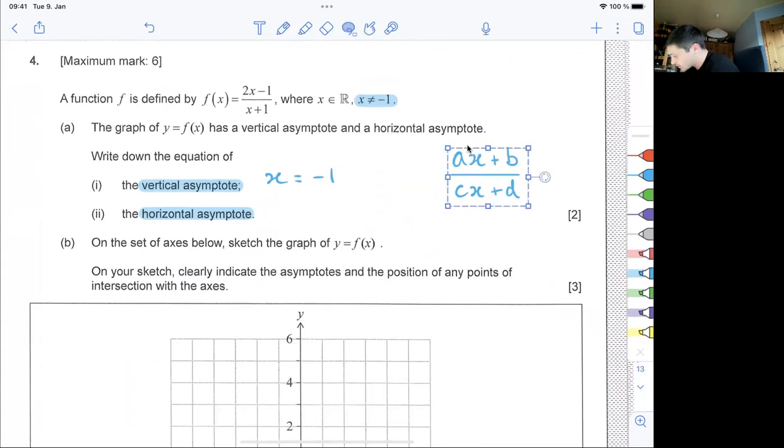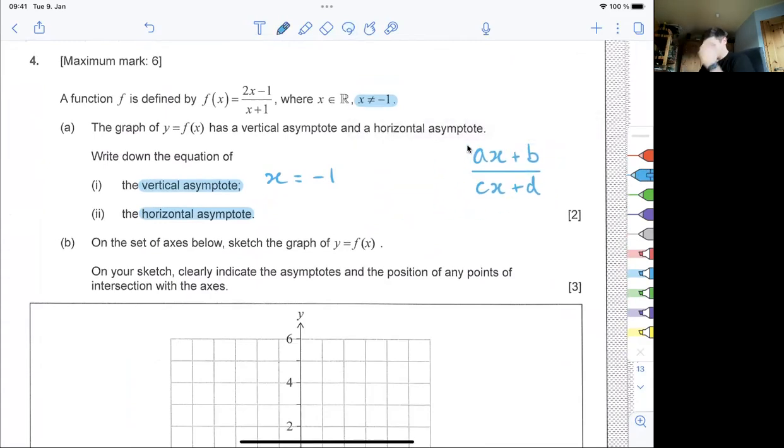And so that's essentially what we have for f here. And we will write the horizontal asymptote as the limit as x tends to positive and negative infinity of f(x). Now, I know that might not mean an awful lot yet, but I will explain that as we go down.